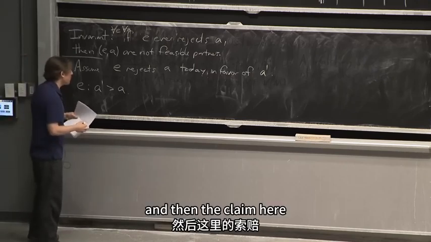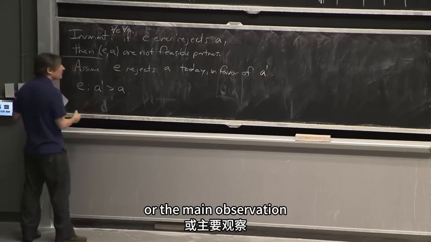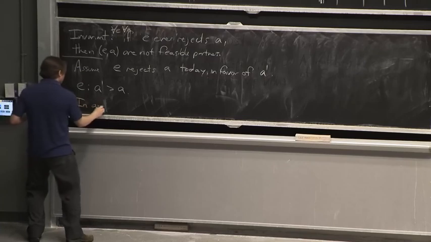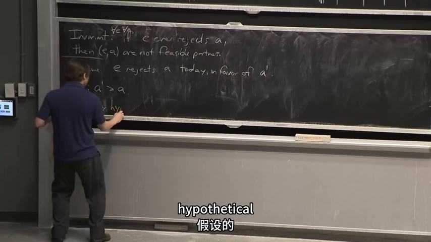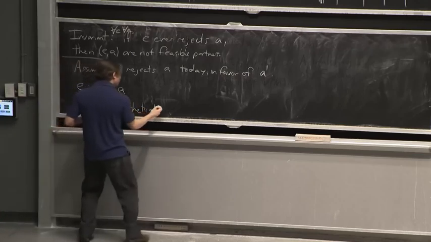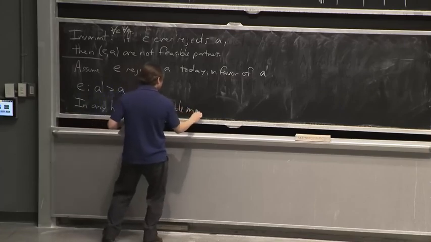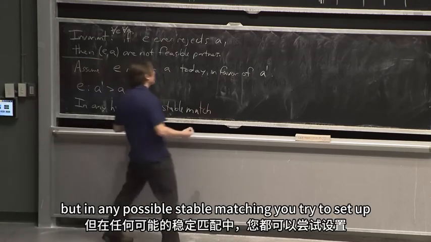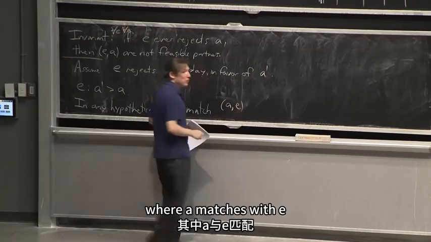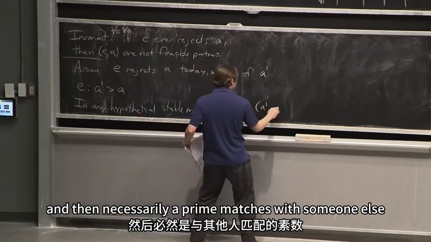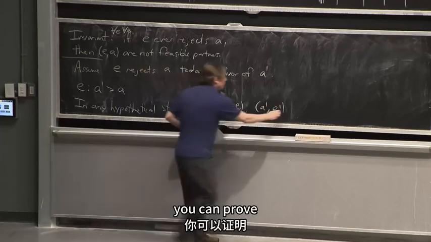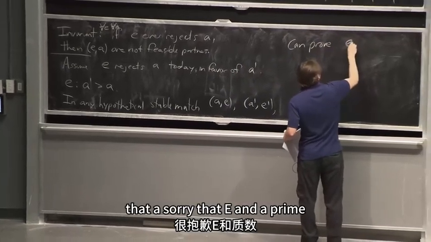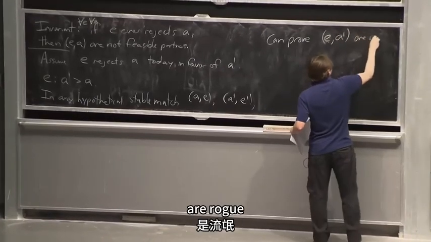And then the main observation is that in any hypothetical stable matching, not necessarily the one that comes from Gale-Shapley, but in any possible stable matching you try to set up where A matches with E, and then necessarily A prime matches with someone else, you can prove that E and A prime are rogue.